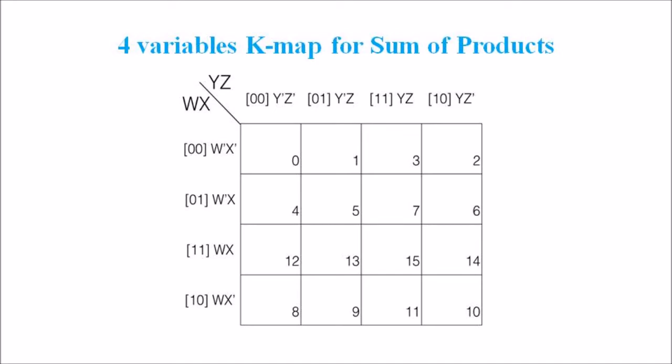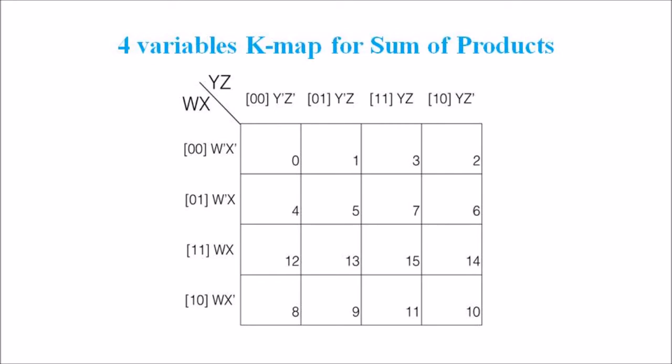The rows are represented by w and x, and columns are represented by y and z. Each cell has a subscripted number at the bottom right corner. It is the value of the minterm. So, if a cell has the number 12, then it represents the minterm M12.